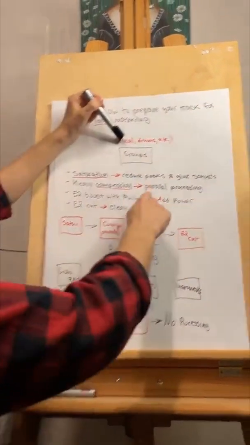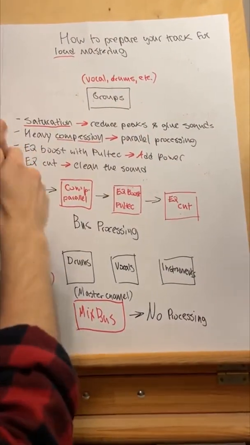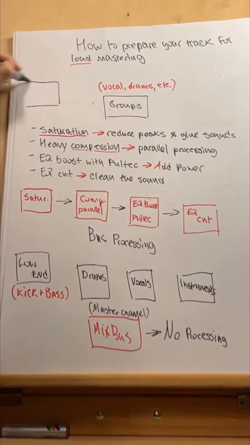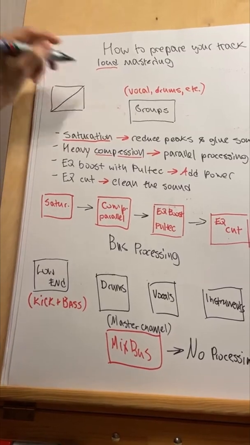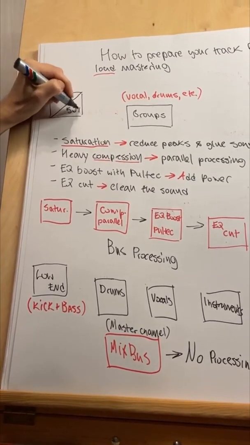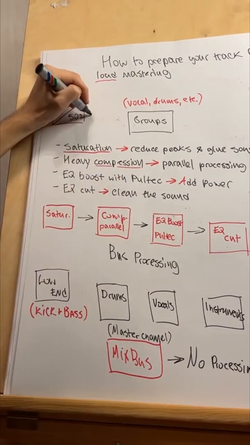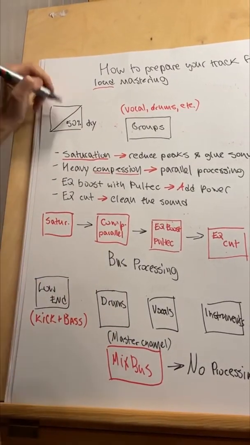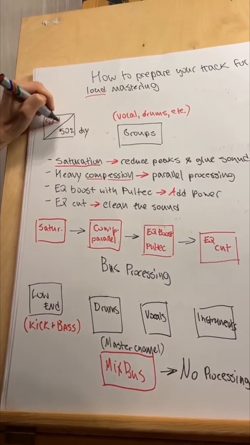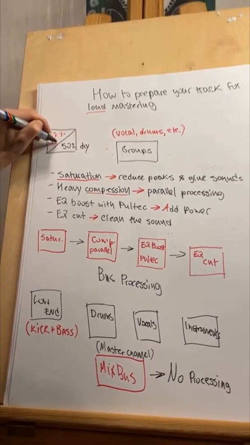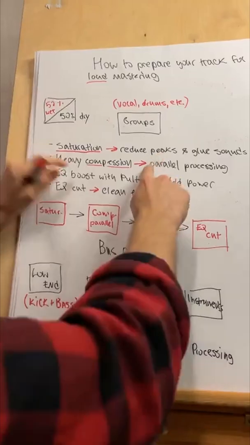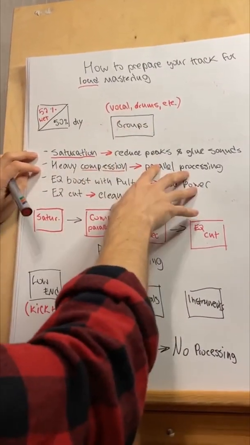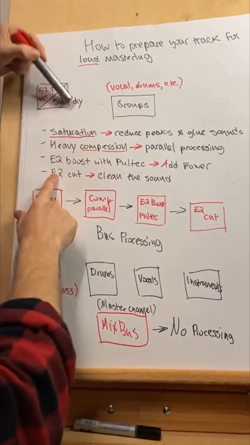Since we do this in parallel, and let me draw this for you, parallel is 50% dry signal and 50% wet. So when you apply parallel processing, whether it's compression, saturation, or any other effects, you keep the 50% of the original.